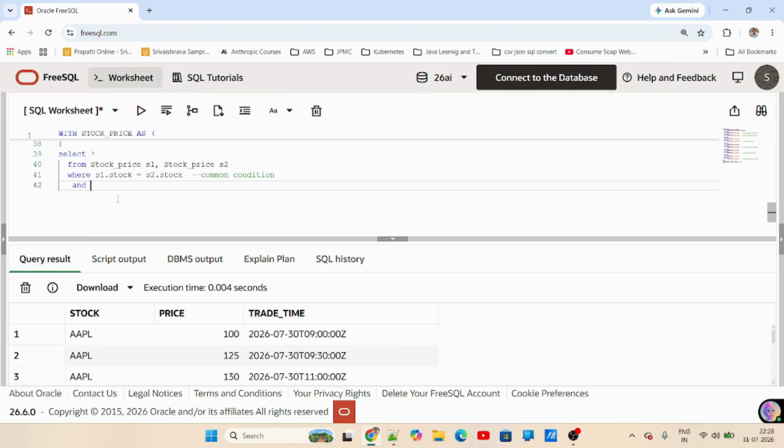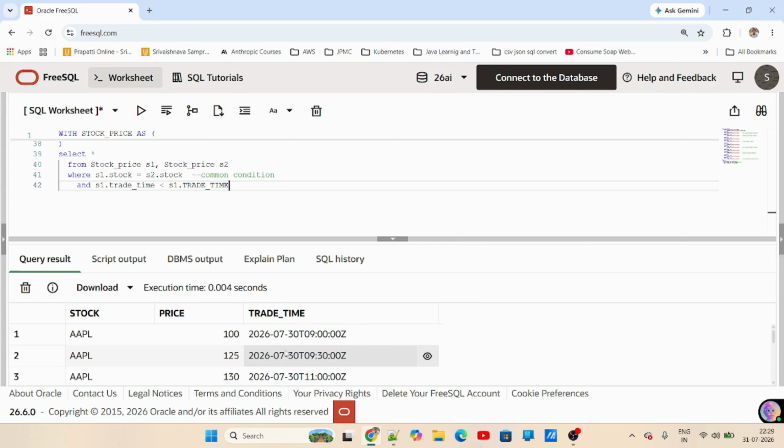Now, the next thing is the differentiator. What would be my differentiator? I will make sure that S1 has the previous trade time as compared to S2. How can I do that? It's very simple. Just take the trade time, and I'll make S1 trade time less than S2 trade time.